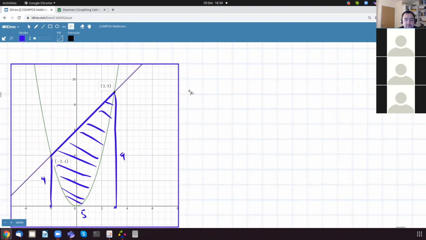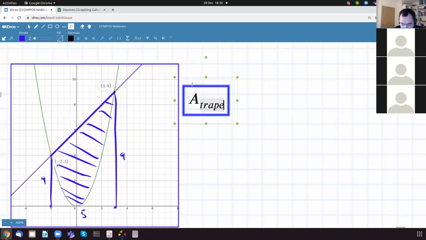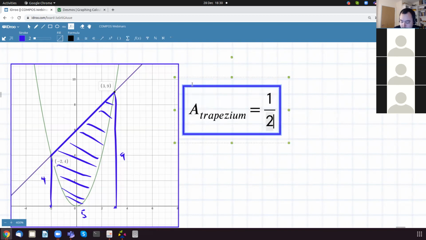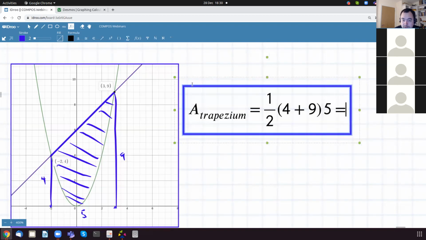So the area of the trapezium is 1/2 times a plus b, so 4 plus 9, multiplied by the height, which is 5. 4 plus 9 is 13, so 65 over 2.